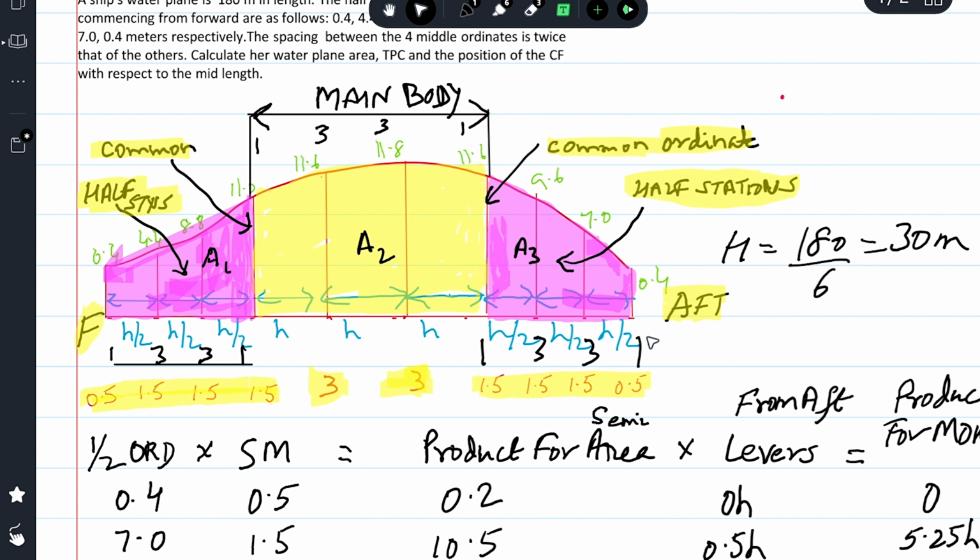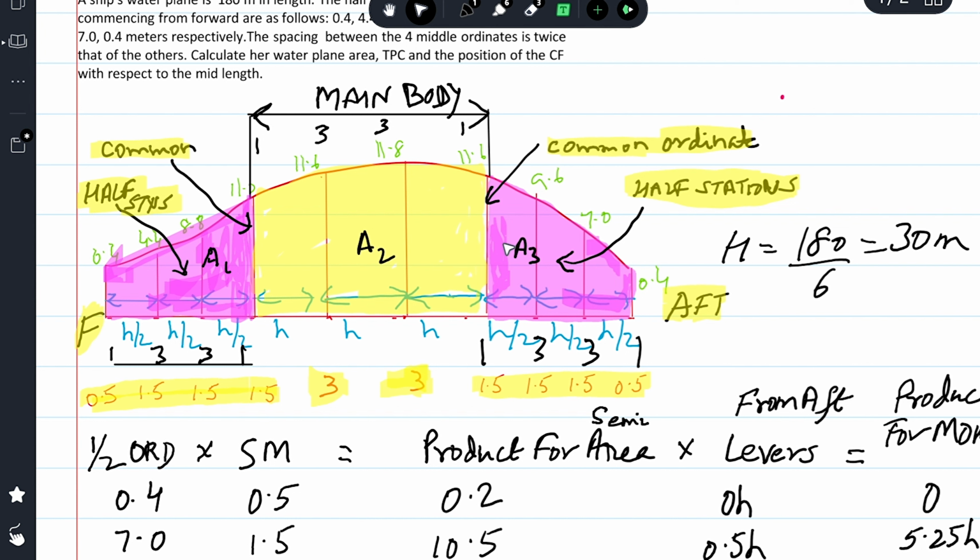So 1 will become 0.5, 3 will become 1.5, again 3 will become 1.5. And as you know, the common ordinate, which is called the dividing ordinate between the half station and the main body, the multiplier is always 1.5. This has been verified and proved in my previous video.